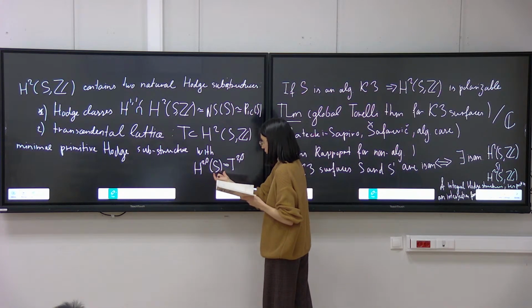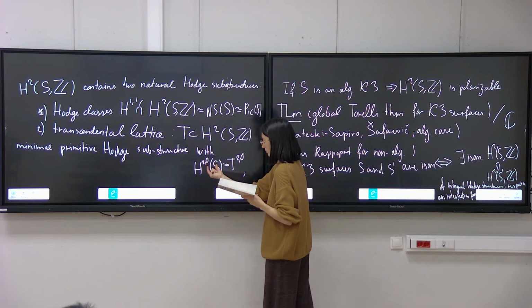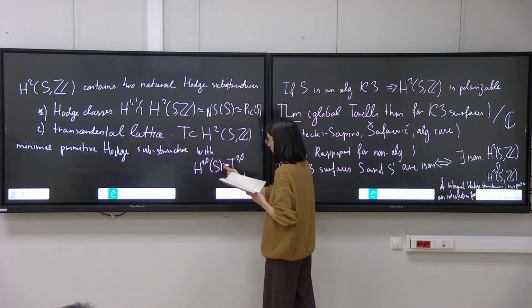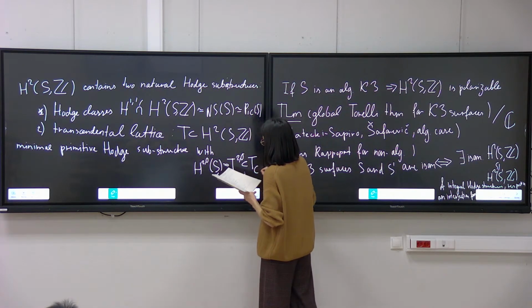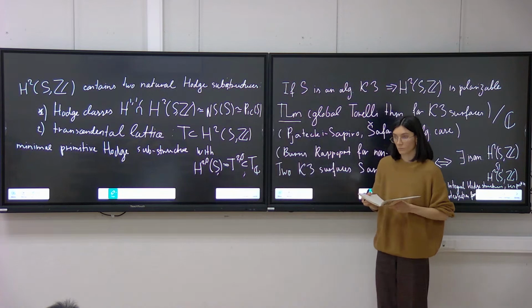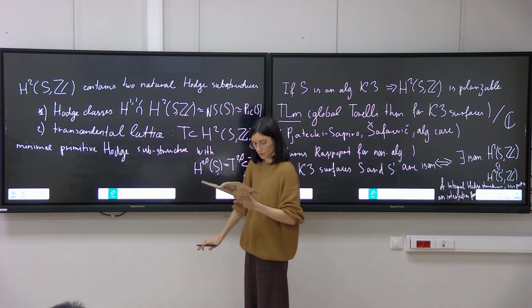Moreover, such that its 2-0 part not just contains, it is equal to the 2-0 part of S. Okay, so this is a definition of the transcendental lattice.